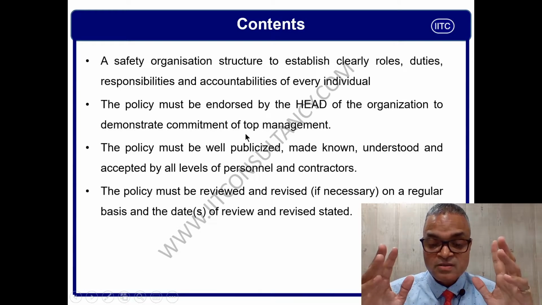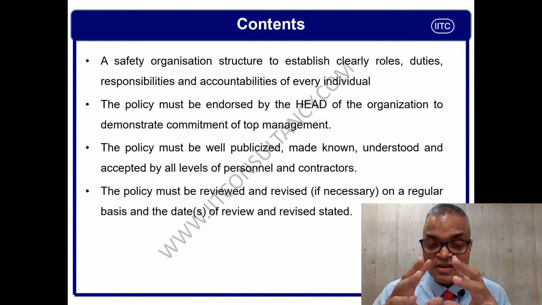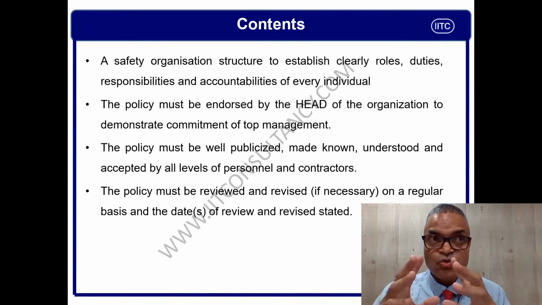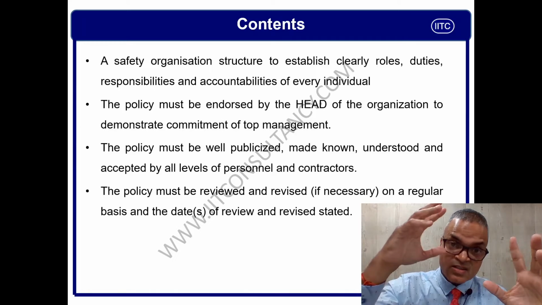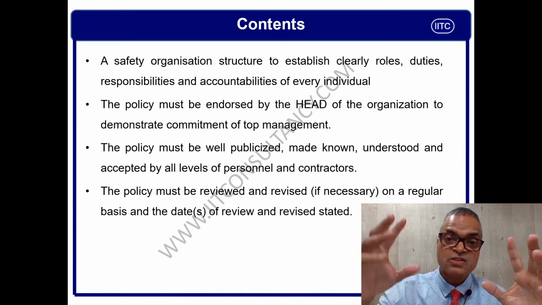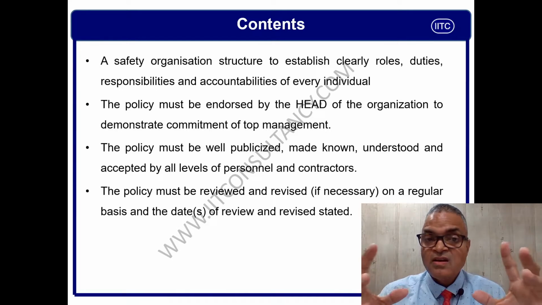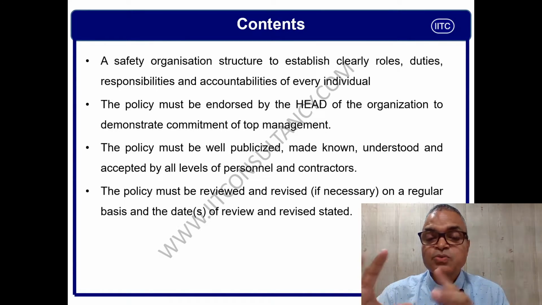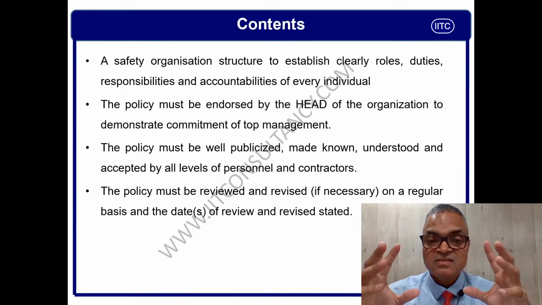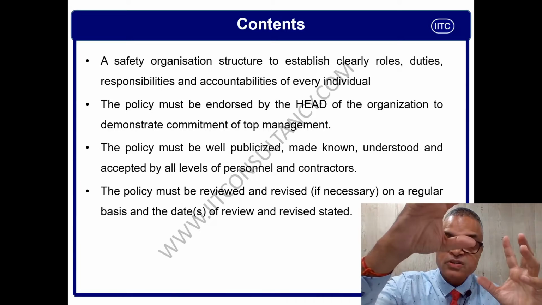Here, if the company has multiple locations, the corporate office has one safety policy and the other sites and plant locations should have another safety policy. The corporate policy will be the guiding policy for the individual plant and location, and the individual location can take inputs from the corporate policy.